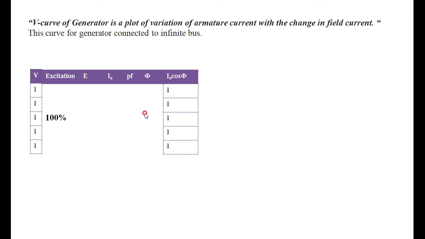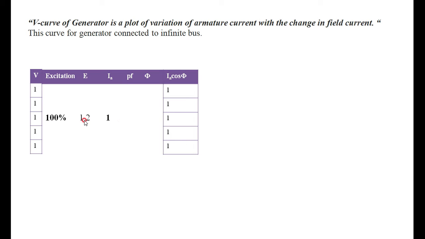That is, I will consider excitation as 100%. That is the normal excitation I am considering here. Therefore, for this 100% excitation, I am assuming that the generated voltage is 1.2 units. Then the current corresponding to this normal excitation I am considering as 1.